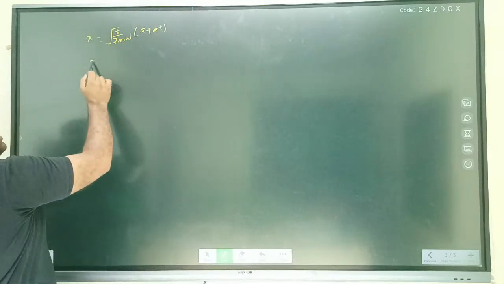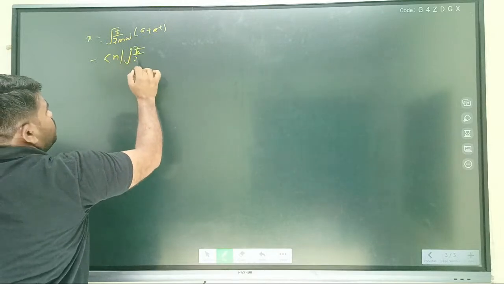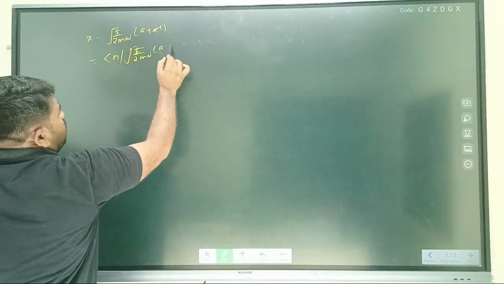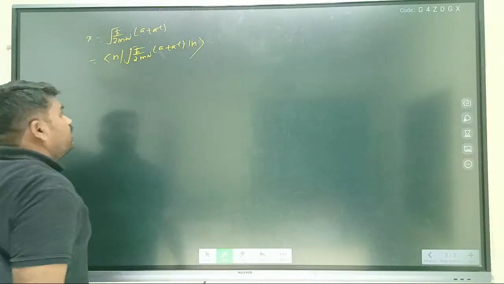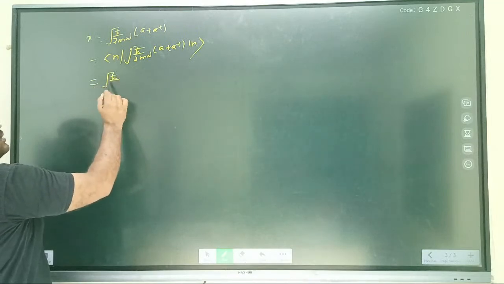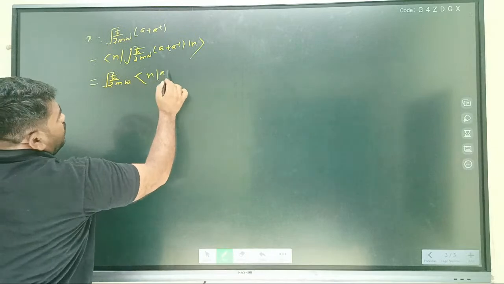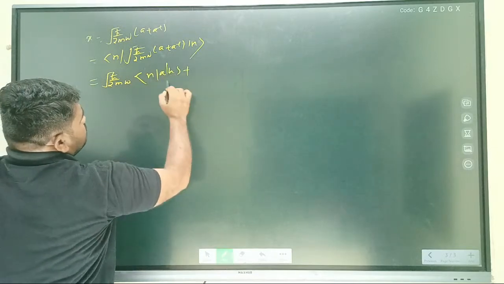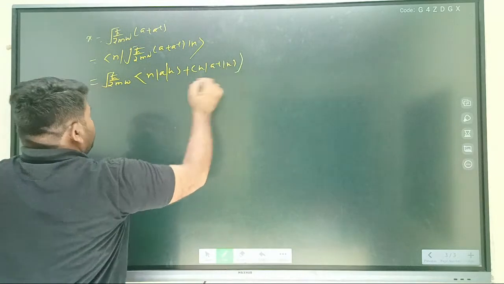Then just substitute this value here: <n| root h cross upon 2m omega (a plus a dagger) |n>. Then root h cross upon 2m omega we can take outside, and we get <n|a|n> as the first part plus <n|a dagger|n>.